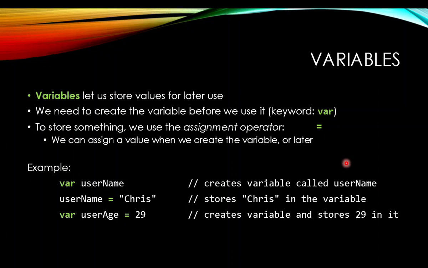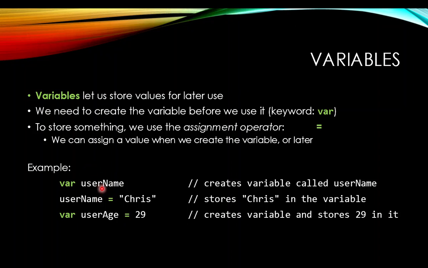So let's look at some simple examples. I'm creating a variable called userName. Notice the way it's capitalized. This is typical. It's called camel casing because the first letter is lowercase, and then if you have multiple words, you uppercase the first letter of those other words. So we create a variable called userName, and then you can either at that point or at a later point give it a value.